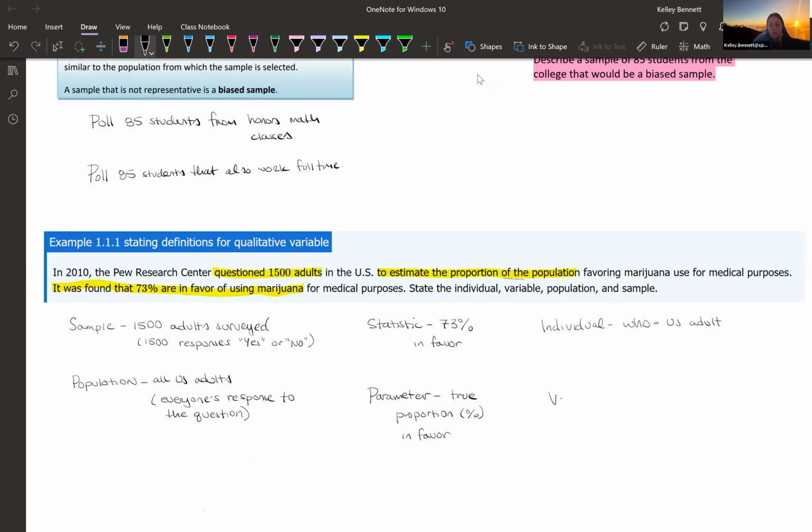And the variable, what are we trying to measure? You ask them the question, what are we asking them? What are we measuring? We're measuring whether they are in favor, yes, of using marijuana for medical purposes, or are they not? No.